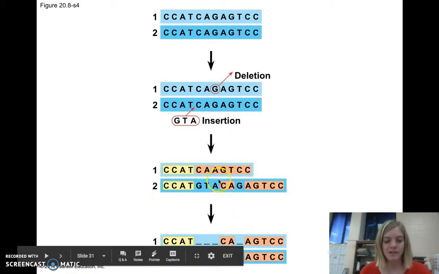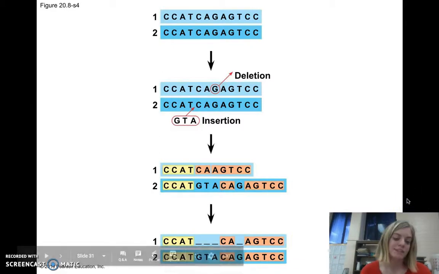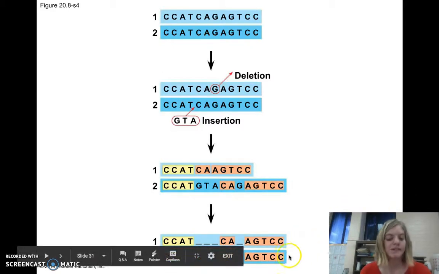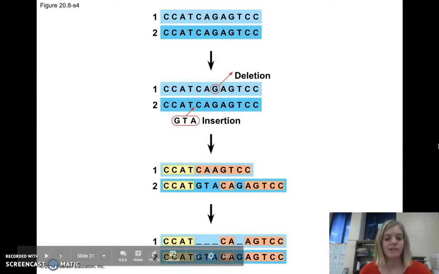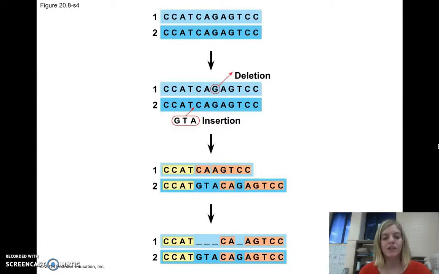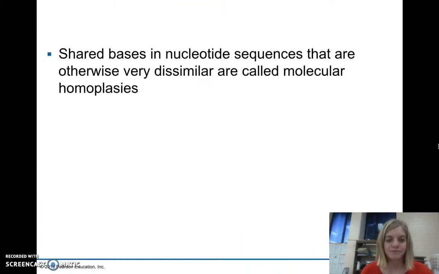As you can see, they've now lined them up, and they can see that there really aren't that many differences between this organism and this organism. It just so happened that because of insertions and deletions, we saw a shift in the frame, but really their nucleotide sequence was very similar. You can see down there the CCAT, the CAs match up, and they're very closely related.